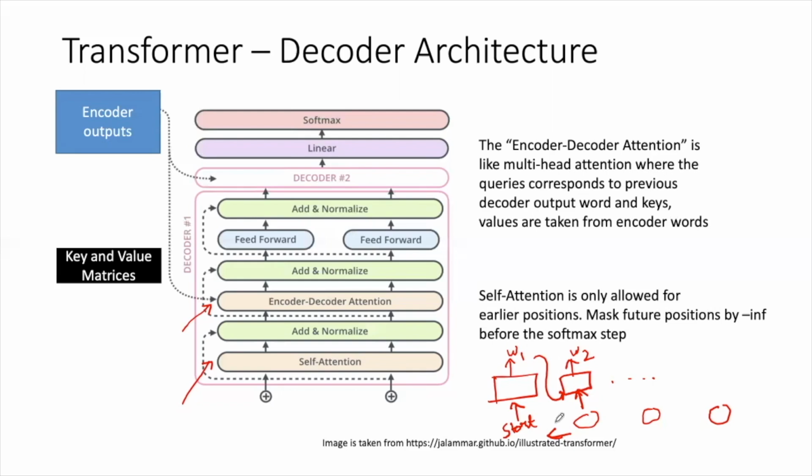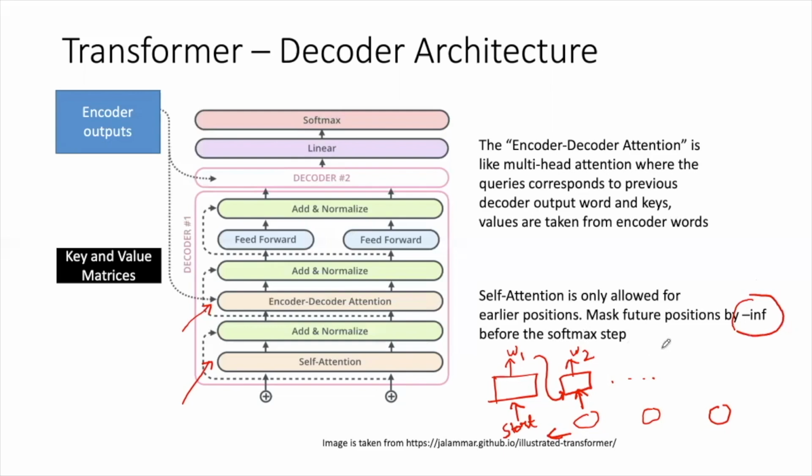To ensure that we don't calculate the scores for the future words, we have a process called masking of future words, where we assign a score value of -infinity to all the future words.